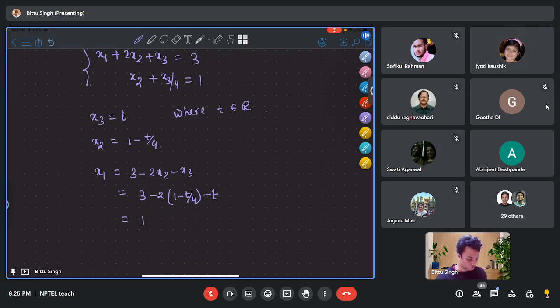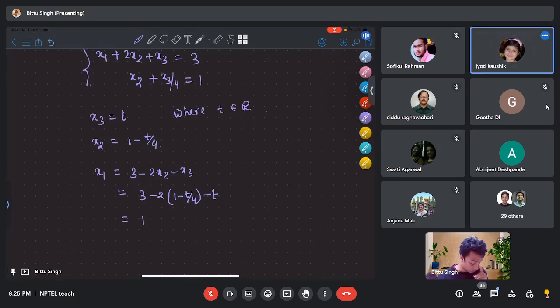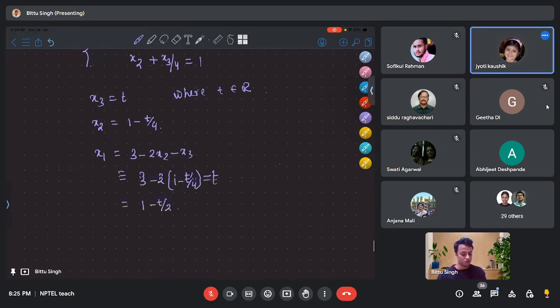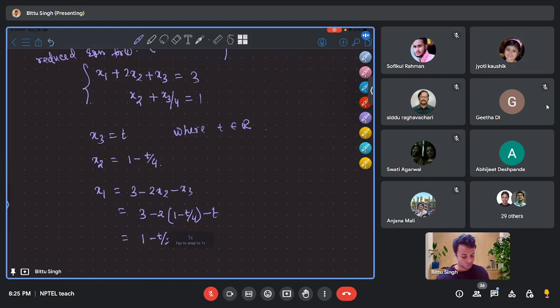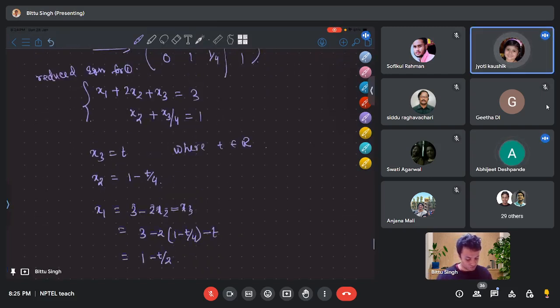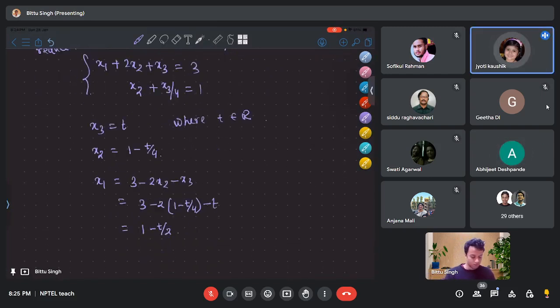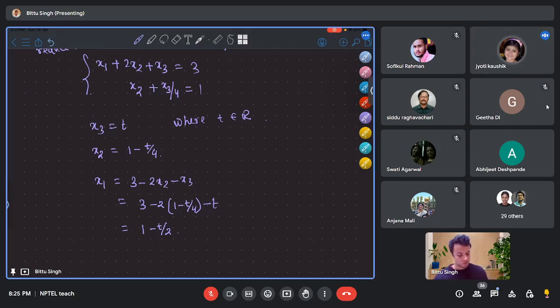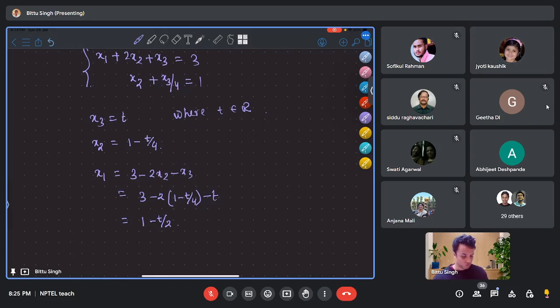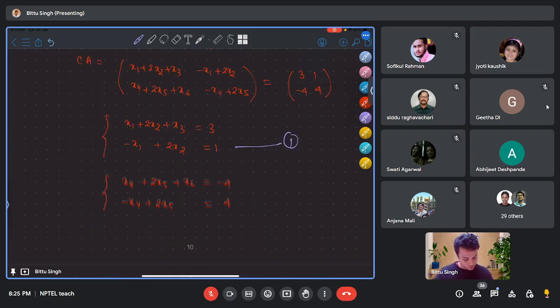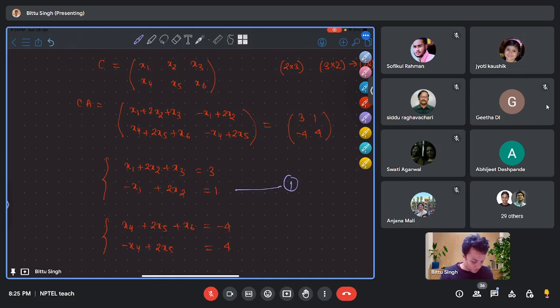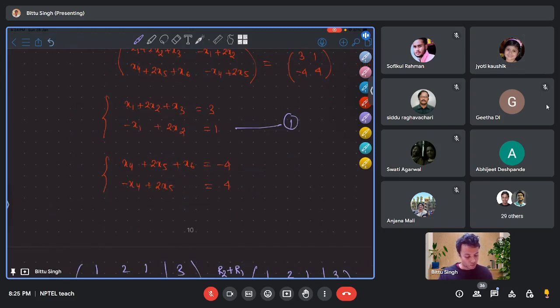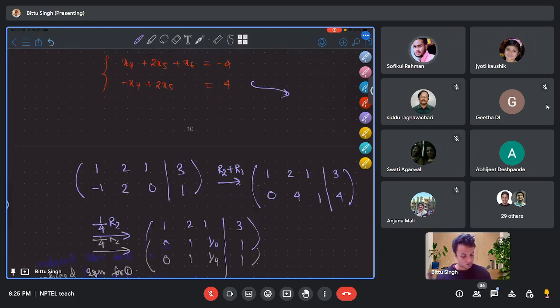So 3 minus 2 is 1, plus t by 2 minus t, which is minus t by 2. So x1 is 1 minus t by 2. We have figured out x1, x2, x3. In the same way, you have to solve for the second system.